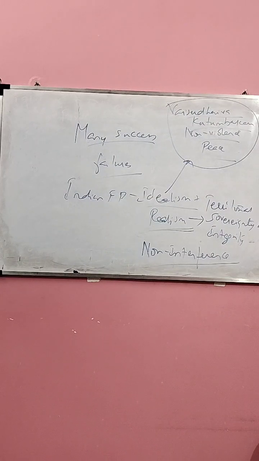The Indian prime ministers who ruled India right from independence till now, from Mr. Nehru to Mr. Modi, you can see a mixture of both idealism and realism. Nobody is completely idealist, nobody is completely realist. But the degree may vary. Nehru, higher degree of idealism, relatively lower degree of realism.